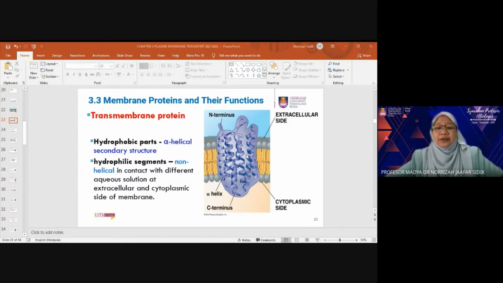And the hydrophilic segments, which are non-helical, are in contact with different aqueous solutions. These are at the extracellular side, and here is the cytoplasmic side of the membrane. So these are the transmembrane proteins.